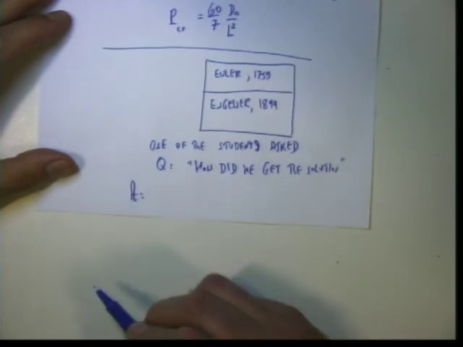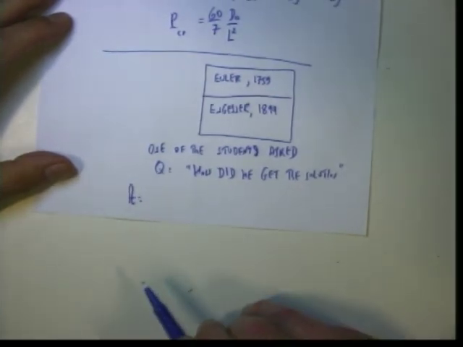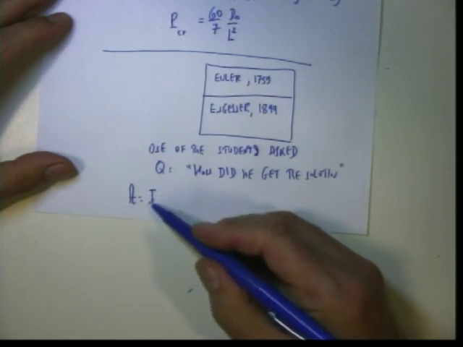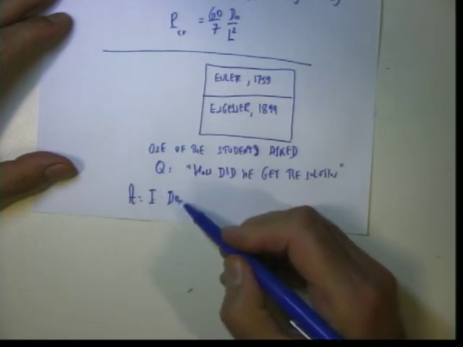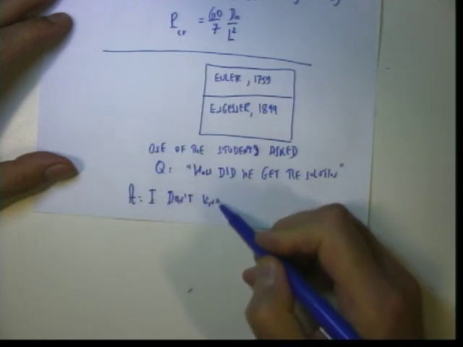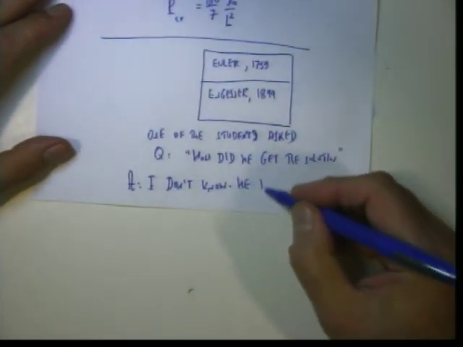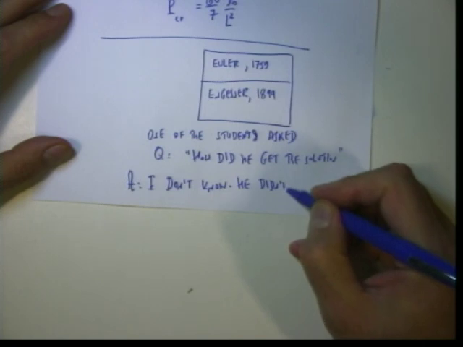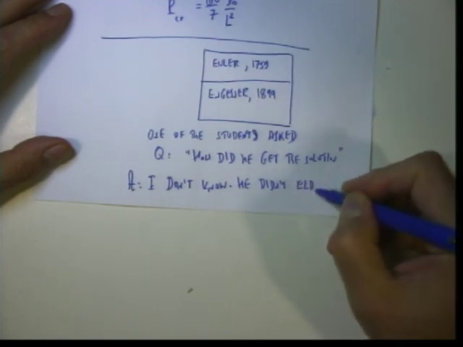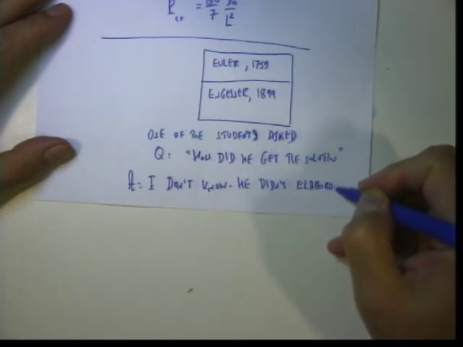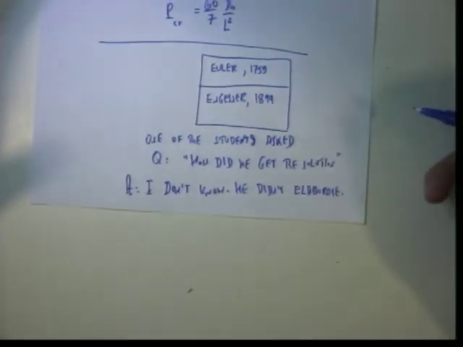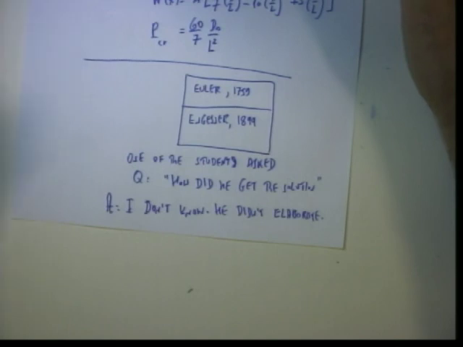So that was his question. So the answer was, of course, I don't know. Why? Because he did not write. He did not elaborate how he got the solution. So therefore, we cannot answer how he got it.